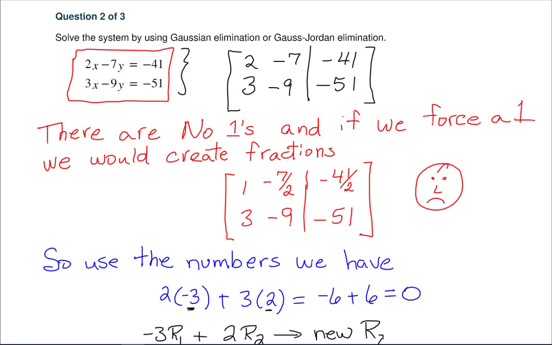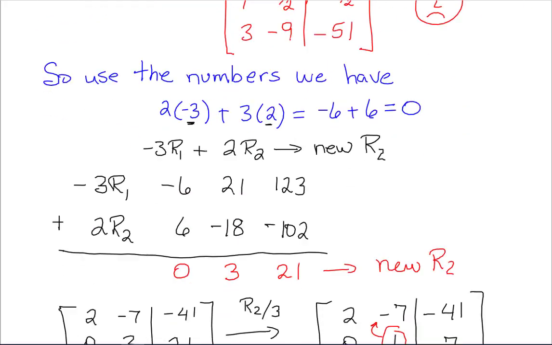Well, my strategy is this. I'm going to take 2 times -3, and then 3 times 2. That'll give me -6 plus 6 to give me a 0. So that's -3 times row 1.